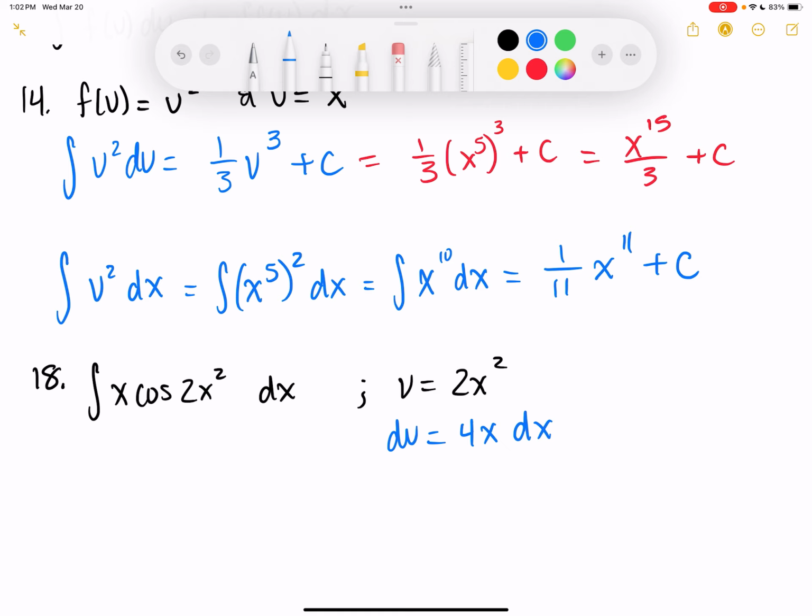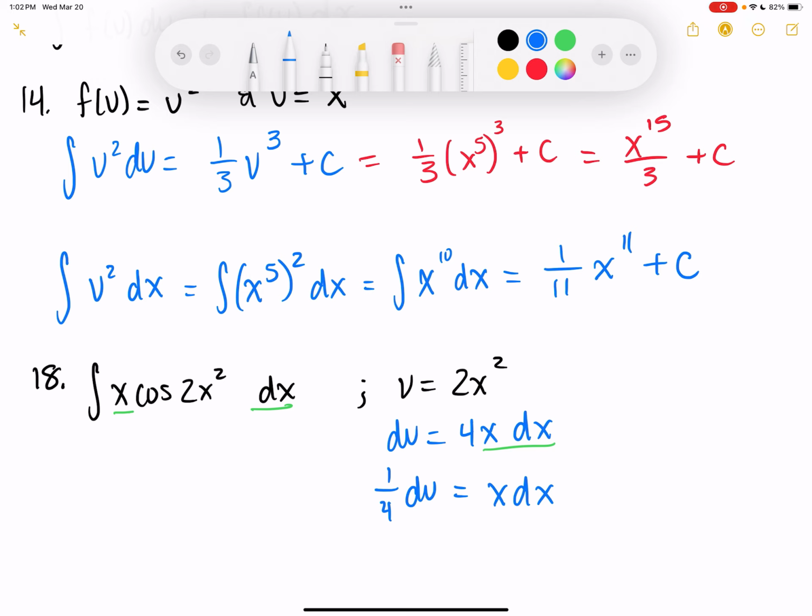But do you see x dx over here? Yes. Okay, so I need to get everything besides x dx on the other side. So I'm going to divide by 4. So this is going to become 1/4 du is equal to x dx.